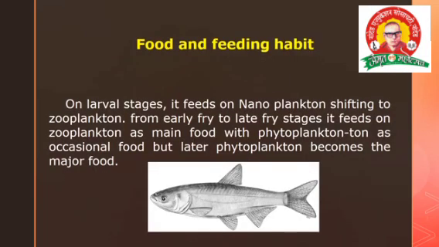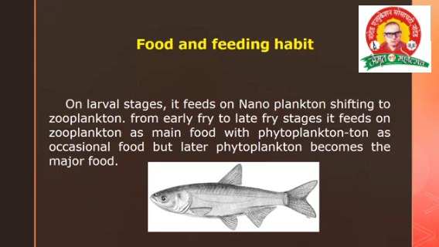Then about the food and feeding habit of silver carp. At the larval stage, it feeds on nanoplankton, shifting to zooplankton. This means that as the fish grows, the change of food also occurs.